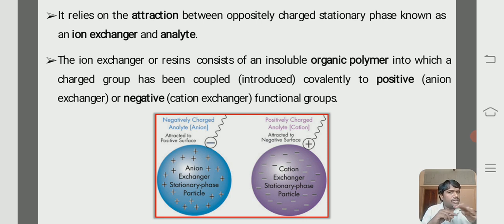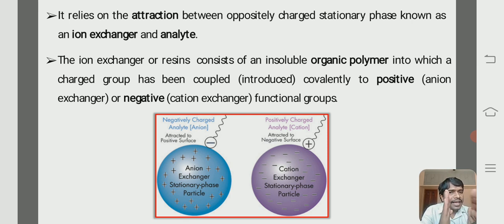The ion exchanger or resin consists of an insoluble organic polymer into which a charged group has been coupled or introduced covalently, positive or negative functional groups.